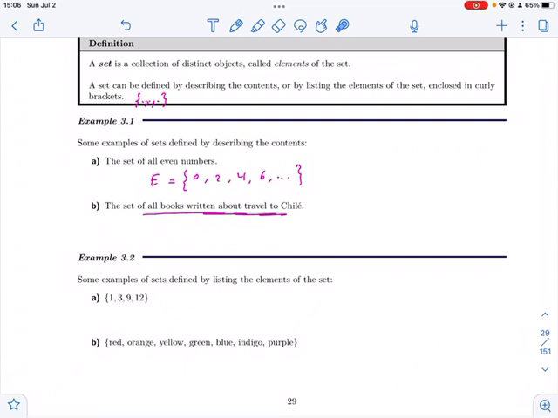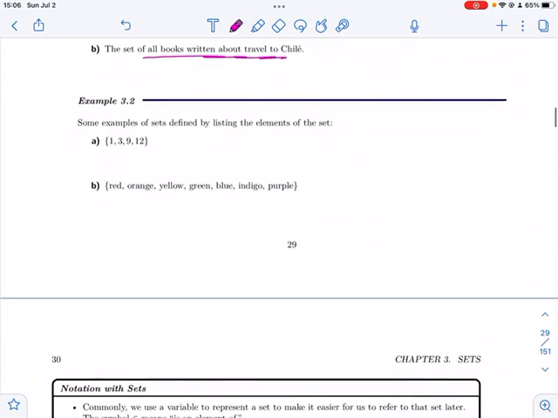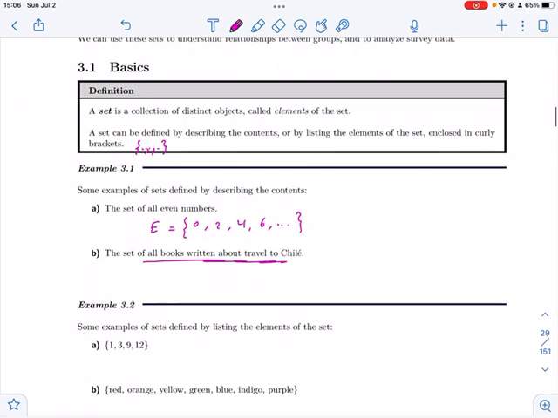Sometimes we use a notation that's called set builder notation. For example, it's not easy to write every single element, but we can write it this way.